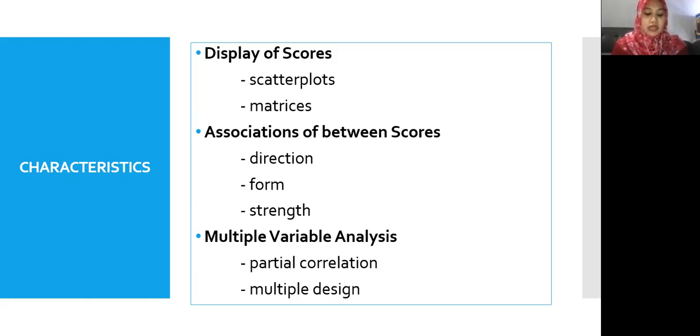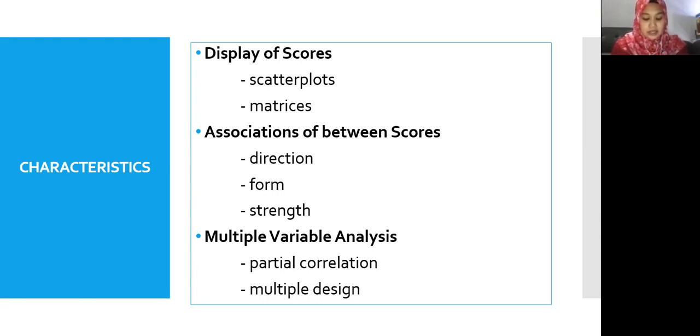So in this display, we list all variables on both a horizontal row and vertical column in the table. And then relating to association between scores, we have direction, form, and also the strength. For direction, we have positive and also negative correlations.